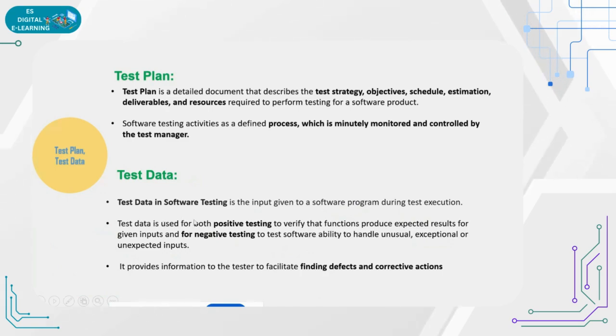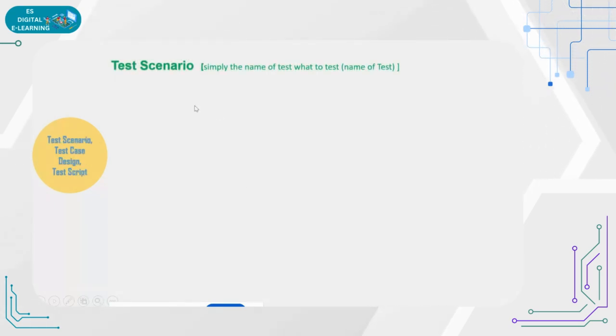Is it clear what test plan and test data are? It is clear, right? Now coming to the test scenario. A test scenario is simply the name of the test, what to test. As I told, we need to test the motor, whether it is a full motor or half motor, or a DC motor or AC motor. So it's a kind of test scenario.